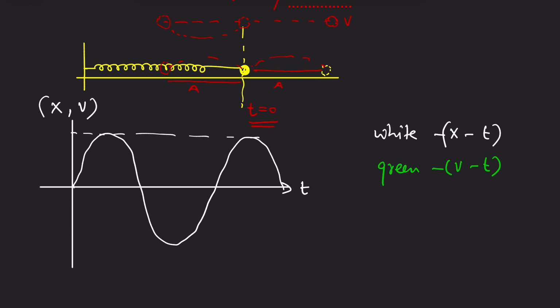In that case, if I draw, what is going to happen? When the particle is at its mean position, the velocity is going to be maximum, and it is going to start from here.